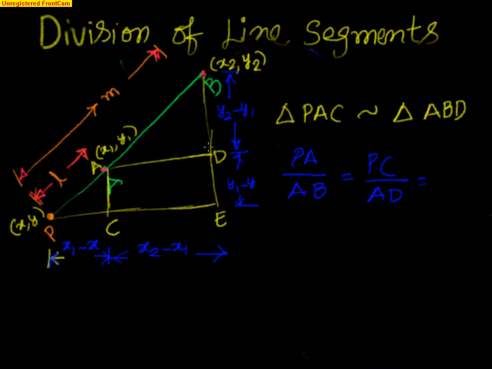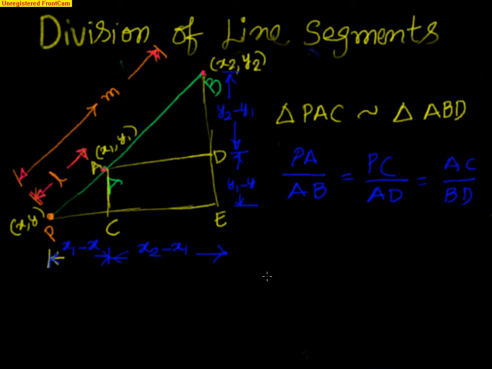You are comparing these two triangles, this to this, horizontal to horizontal, vertical to vertical. I can say AC or I can say DE, doesn't matter. PA by AB is equal to PC by AD equal to AC by BD or DB, whatever it is, doesn't matter, right?